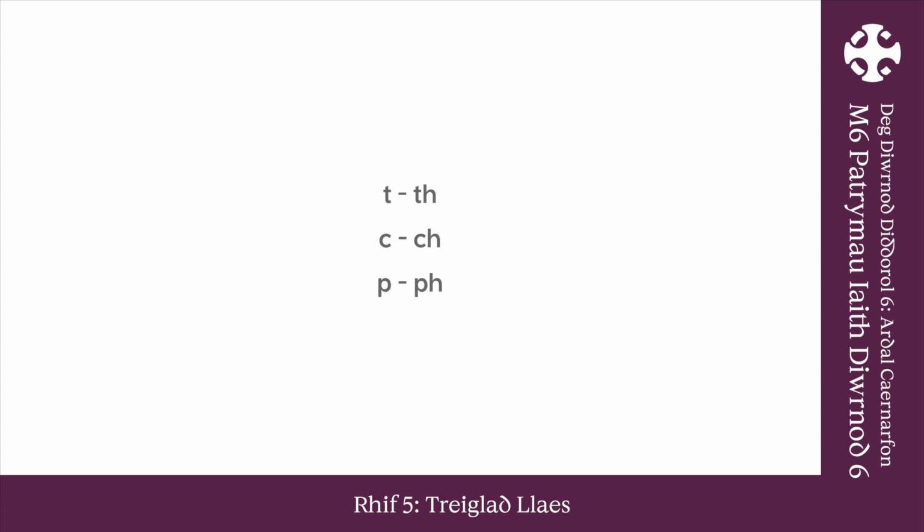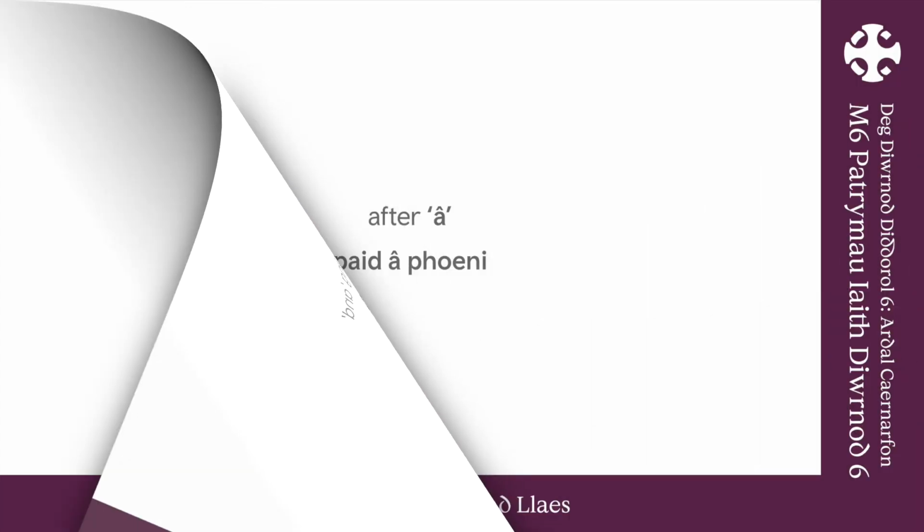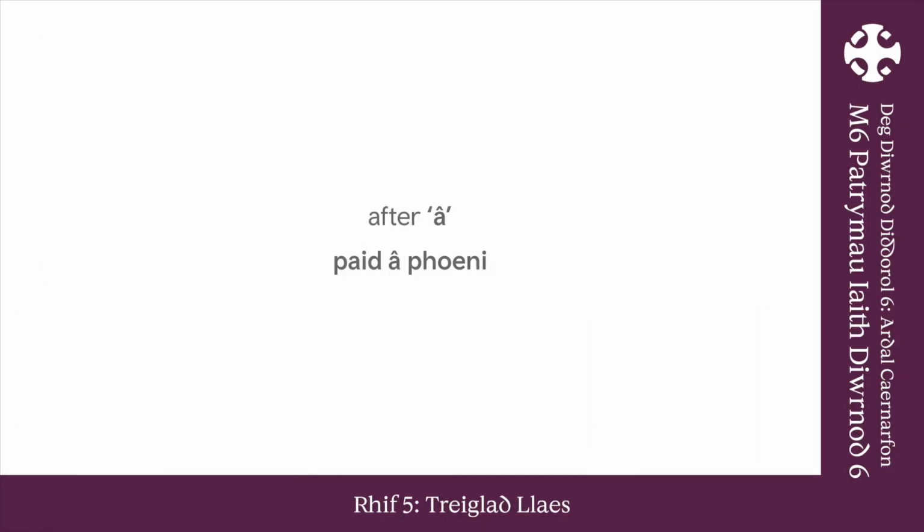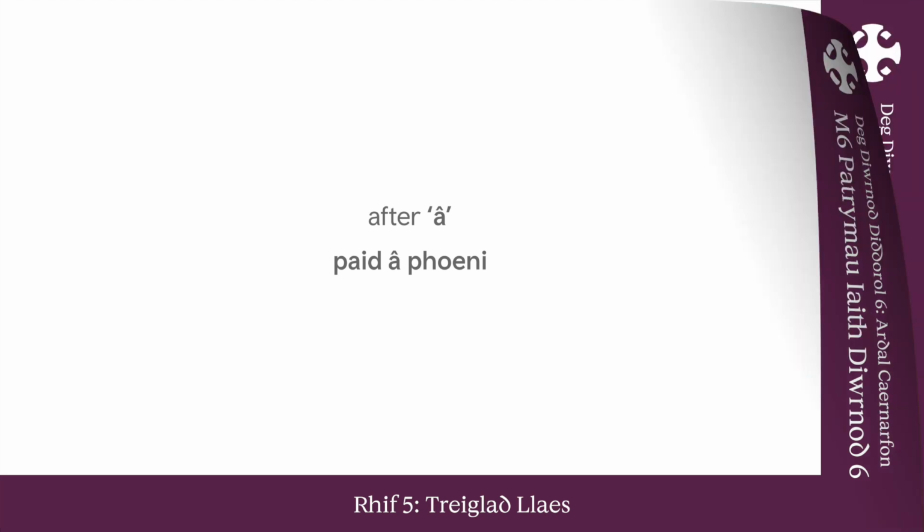You use the aspirate mutation in the following ways. After a, meaning 'and'. Te a choffi, tea and coffee. Coffi a the, coffee and tea. After a. Paid â phoeni, don't worry.